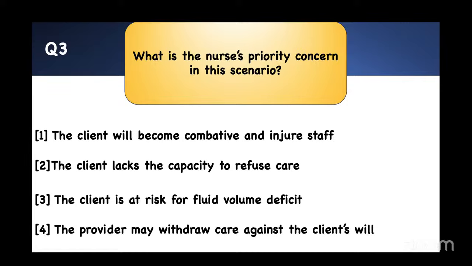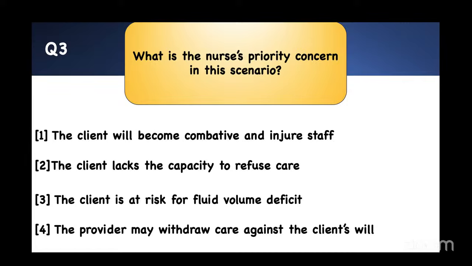She's worried that this Alzheimer's patient will hit somebody, or that the patient cannot make a decision at this point regarding his care, and whether the patient is at risk of fluid volume deficit or withdrawal of care by the provider. Something should tell you, we have a patient who needs help and he's refusing. Don't get trapped with the fluid status.